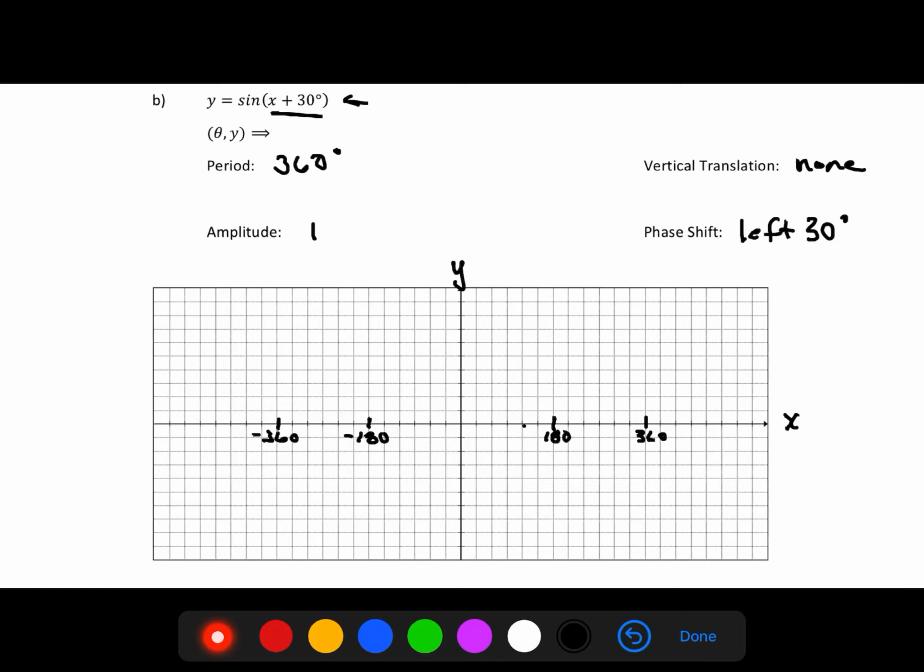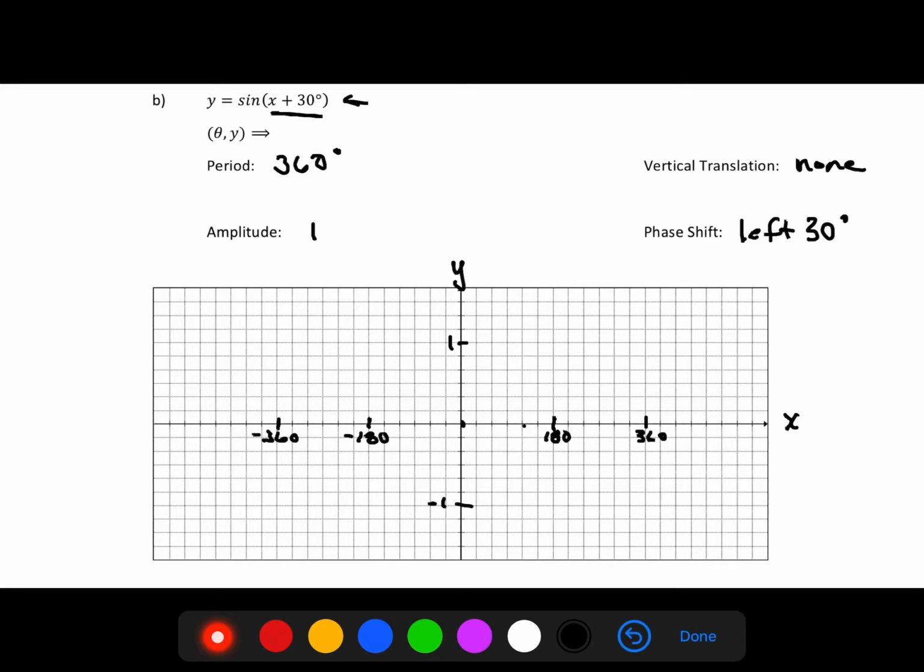And those help with our key points to know where we are scaling these. We don't have any shift up or down, so we are still going to have a maximum of 1. So we're only going to have to go up to 1 and down to -1. So we're going to stretch that out a little bit.